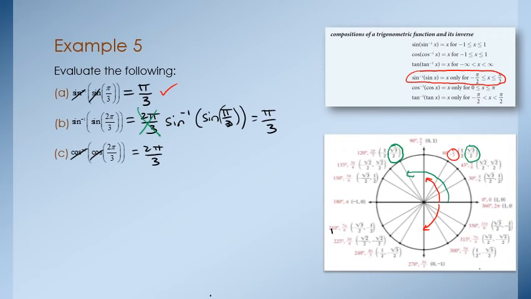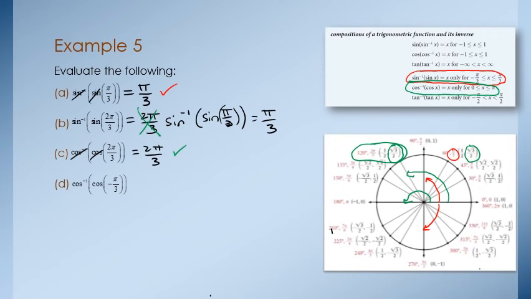Cosine inverse of cosine is on this line, and it tells me that the restriction for the domain is that I have to be between 0 and pi. Where is 2 pi over 3? 2 pi over 3 is right here, and that is within that space, so that one checks.